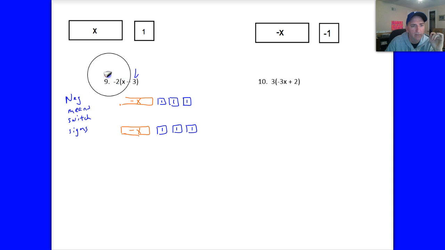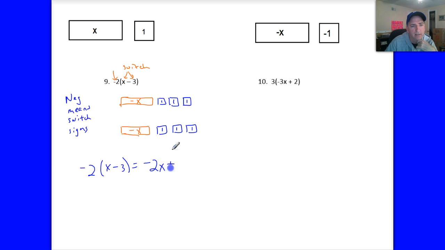Because this negative sign right here means switch those signs, because you're doing the opposite. Okay, so the answer to the question, negative 2 times x minus 3, is equal to, look what you have, negative 2x plus, how many do you have here total? 6. All right, and that's the answer right there.